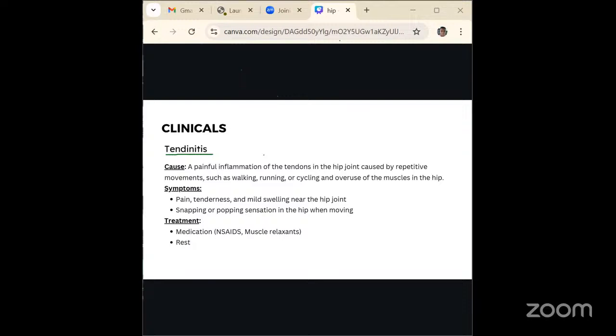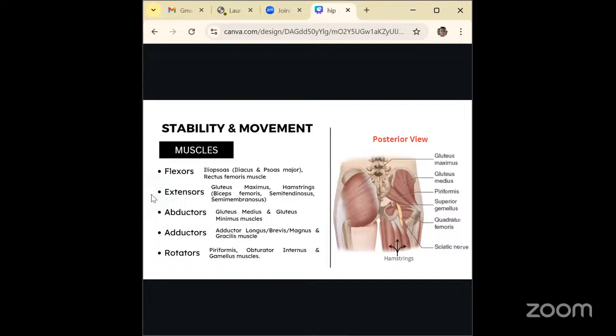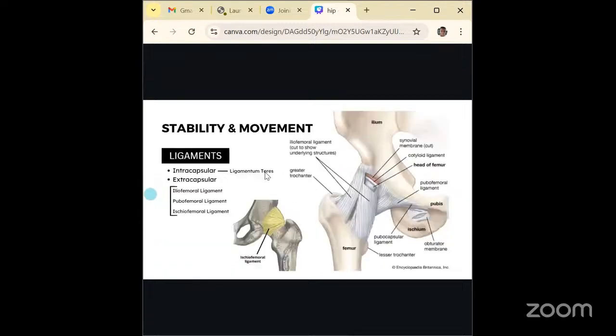Okay, so Favor, were you the one that asked about the pubofemoral? Yes, sir. Let me go back to that place so that we can see the pubofemoral, and then you'll be able to understand what I'm saying. Let me bring my pointer.